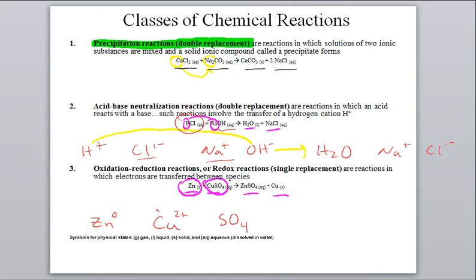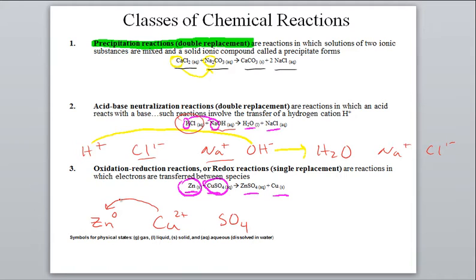In this reaction, the copper collides with the zinc, and in an oxidation-reduction reaction, there's a transfer of electrons between two different reactants. And in this particular example, the copper cation takes enough electrons away from zinc to go to its elemental state.